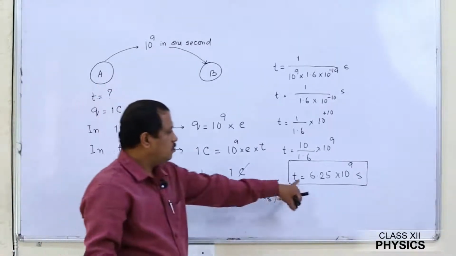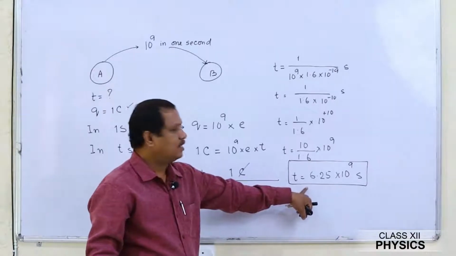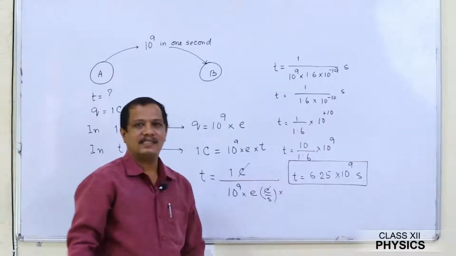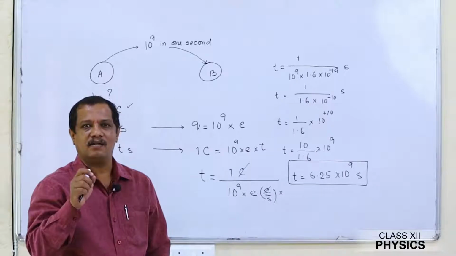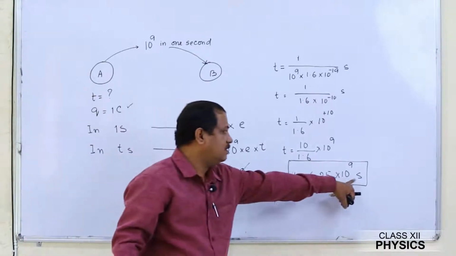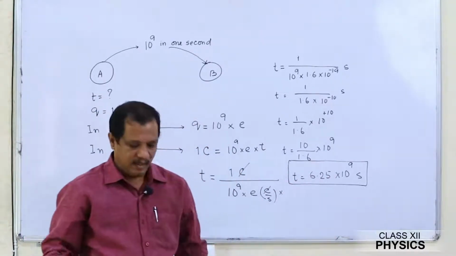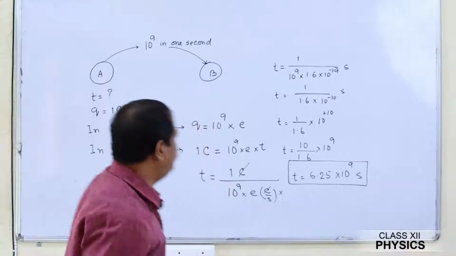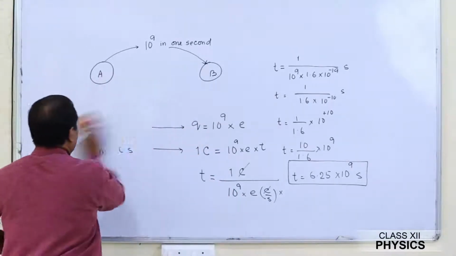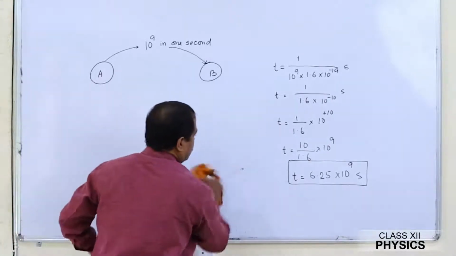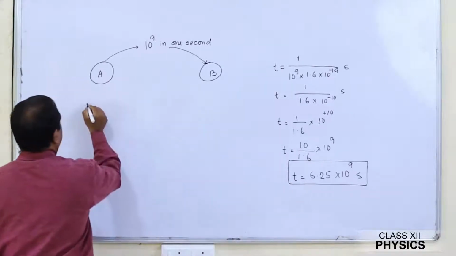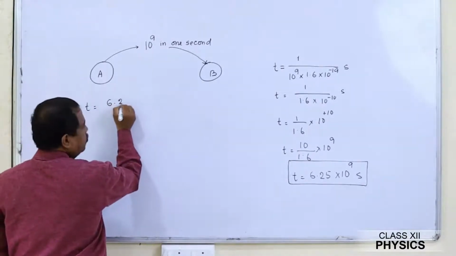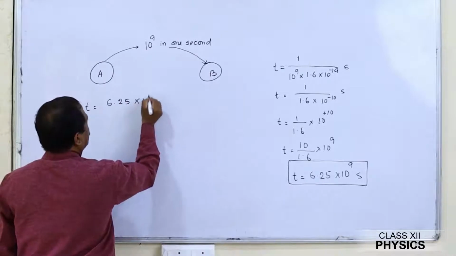Let us try to see what this time is in terms of years, because we have calculated in seconds. So I want to calculate this in years. T is equal to 6.25 into 10 power 9 seconds.